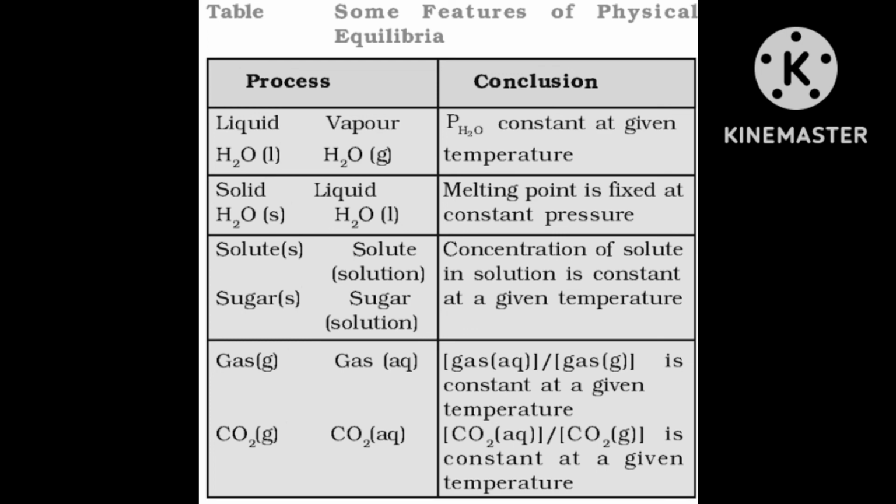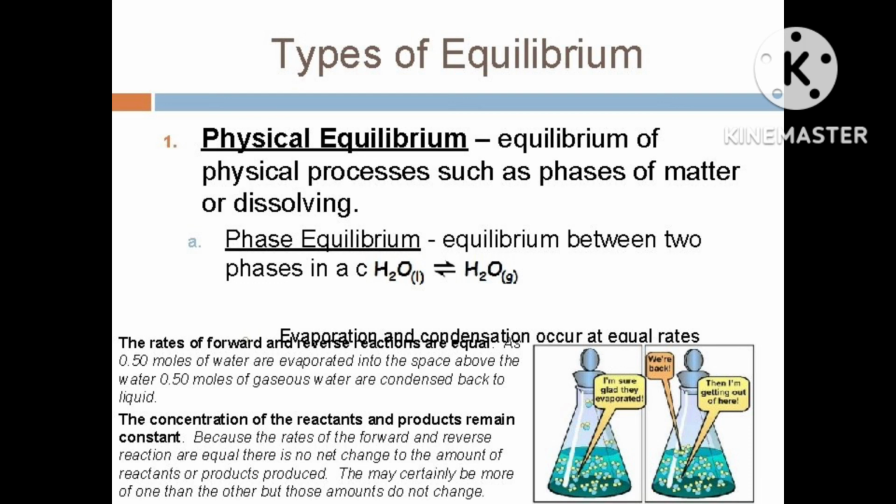Third, all measurable properties of the system remain constant. All measurable properties, like volume, temperature, pressure, concentration, remain constant.